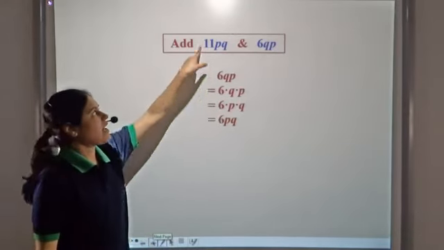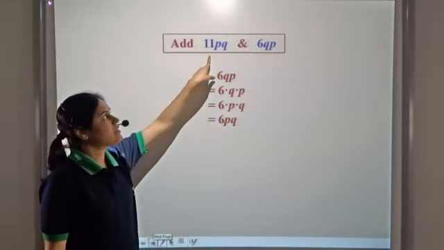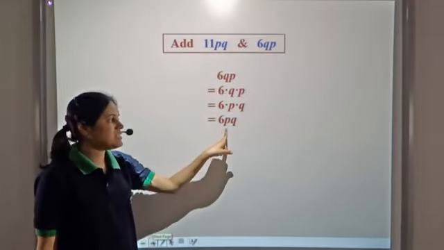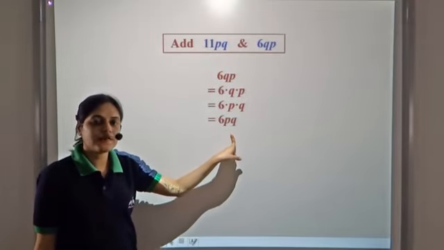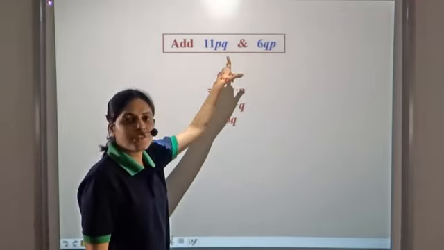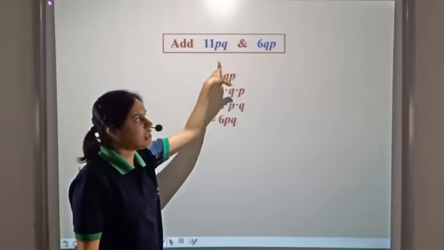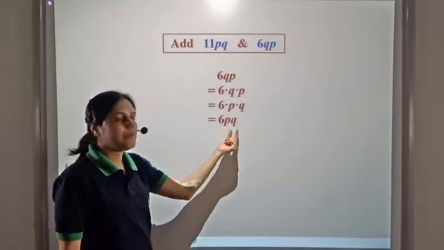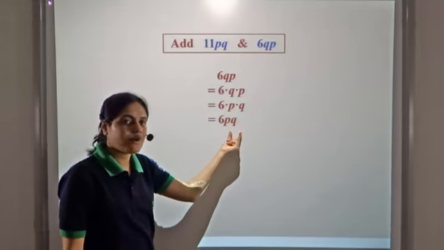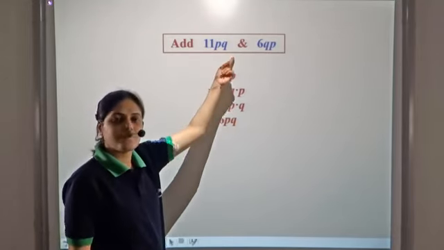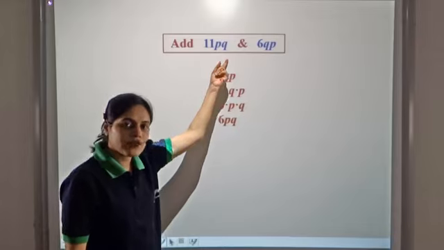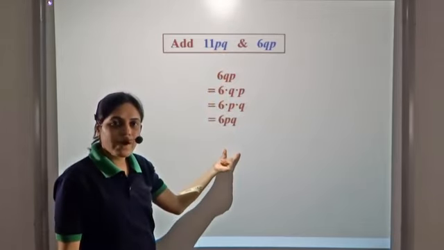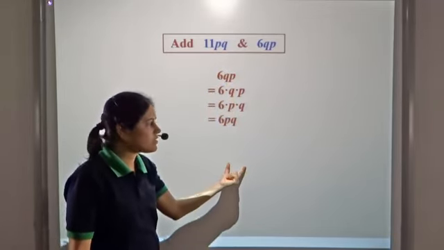So this and this are like terms, 11pq and 6pq. Although they appear to be unlike terms initially, these are actually like terms because p multiplied with q is the variable part here. P multiplied with q is the variable part here. So they have the same variable parts and hence they are like terms.